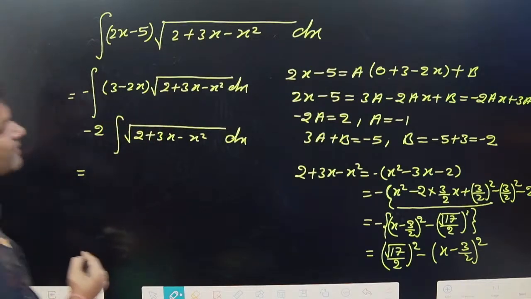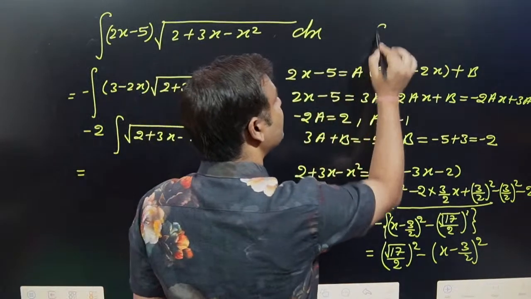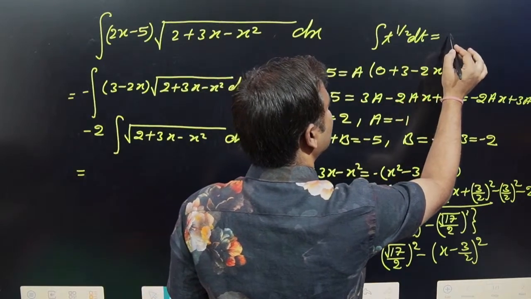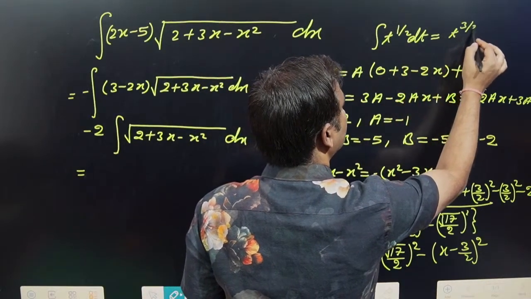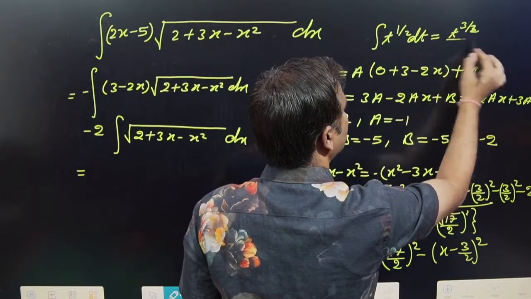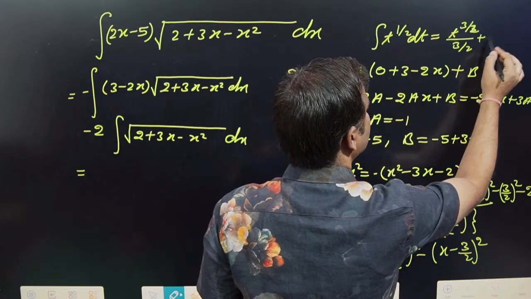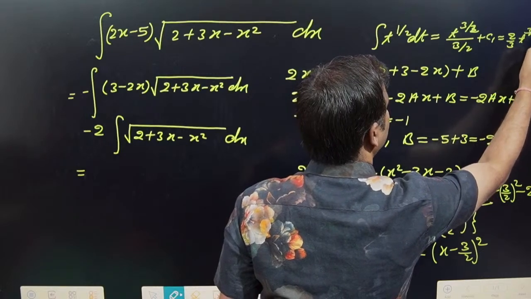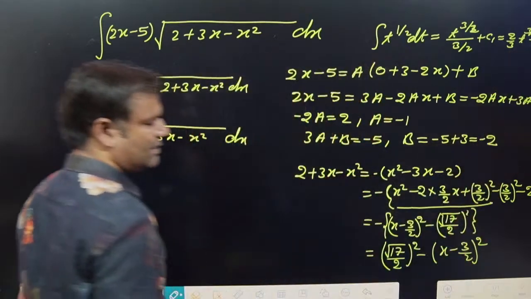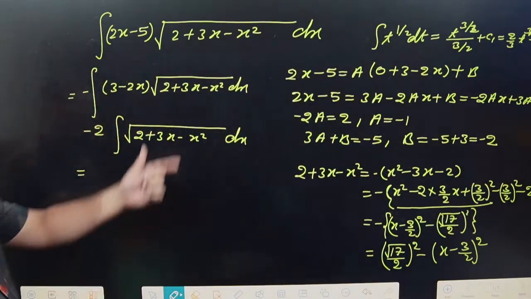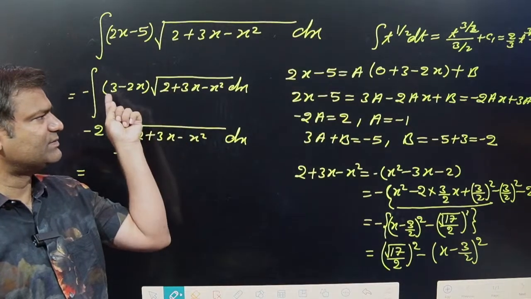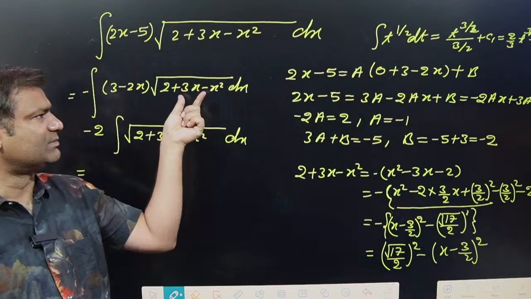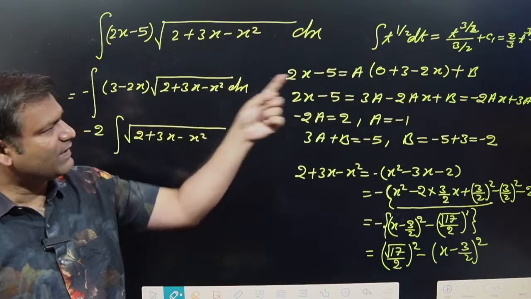Simply, integration of t to power half is how much? t to power 3 by 2 divided by 3 by 2, plus c1. So 2 by 3 into t to power 3 by 2 plus c1. Basically this one is under root t and this one is dt, so t to power half dt.